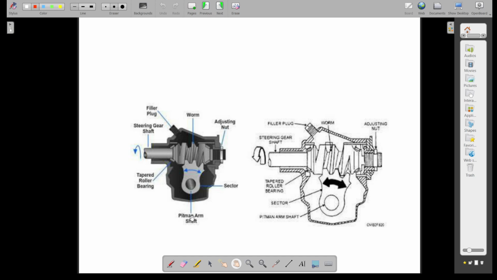Various arrangements are there. The very first arrangement is the rack and sector arrangement. Also, worm and sector is one of the methods, called the worm sector. You give movement to the sector, and the worm gives you the reciprocating motion which we want.